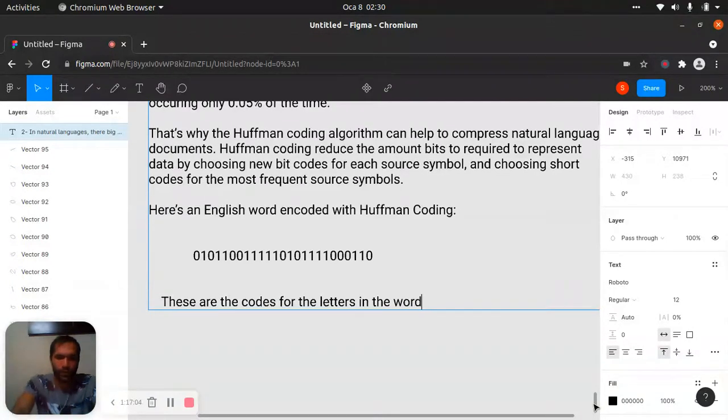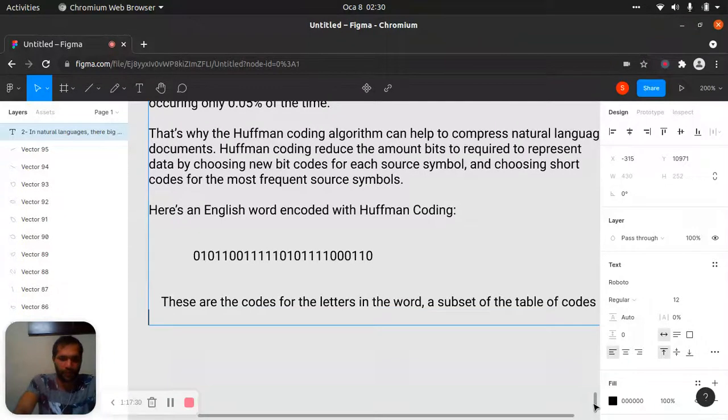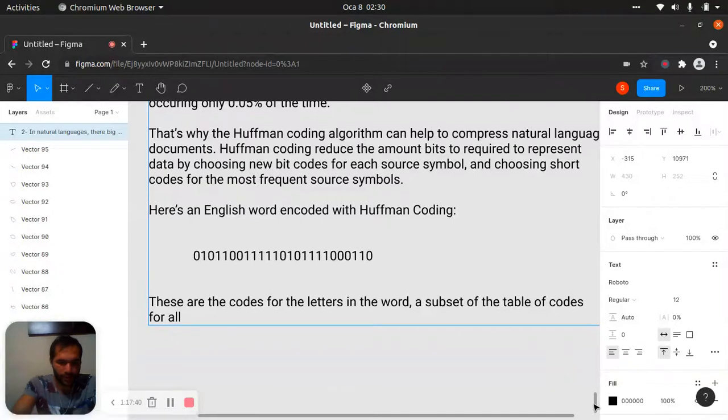A subset of the table of codes for all the letters in the English alphabet.